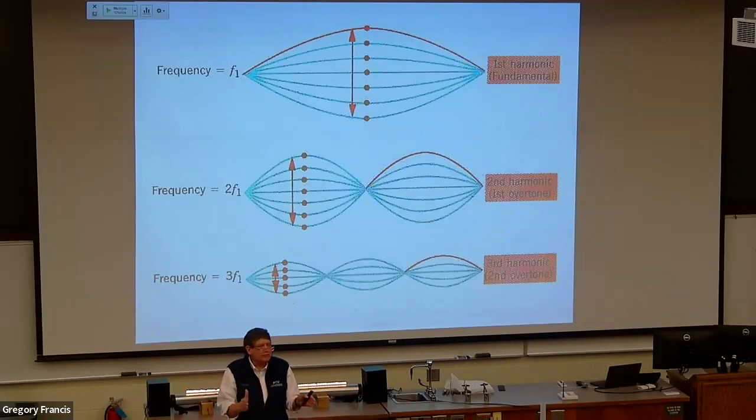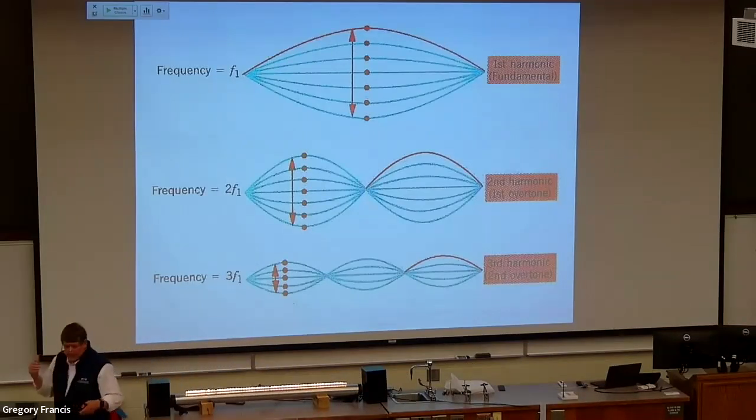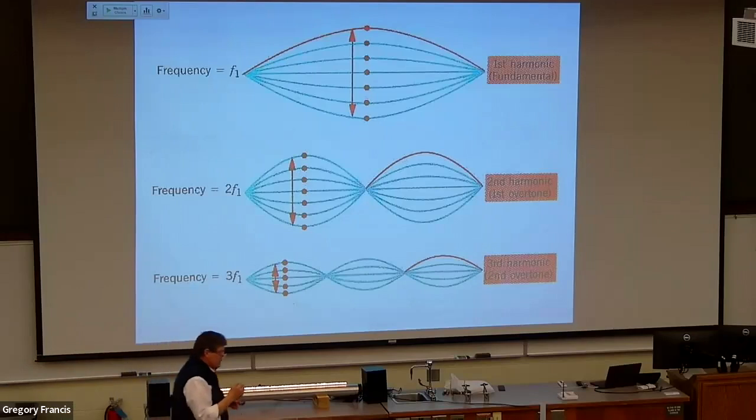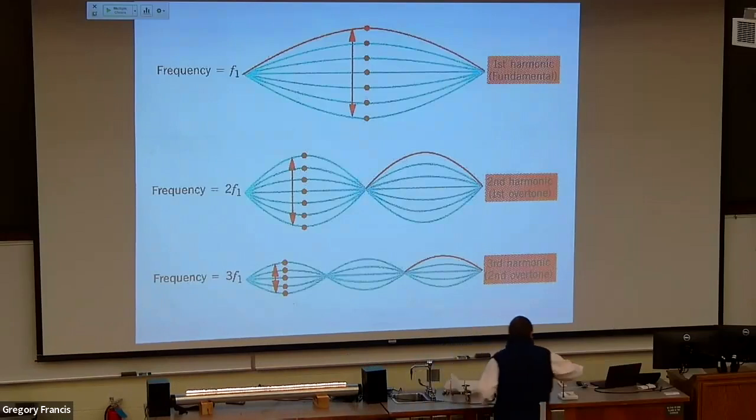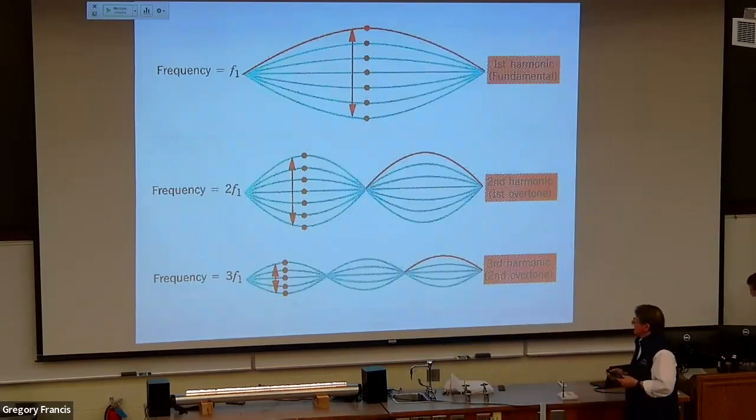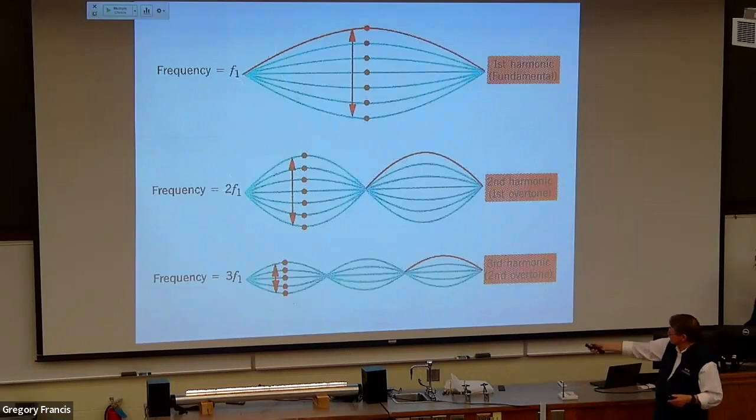That means my footballs are 4 times smaller, right? And by my wave equation, if the wavelength gets 4 times smaller, the frequency has to get 4 times bigger. And that's why if this were 100 hertz, this would be 200 hertz, 300 hertz, 400 hertz, and so forth.